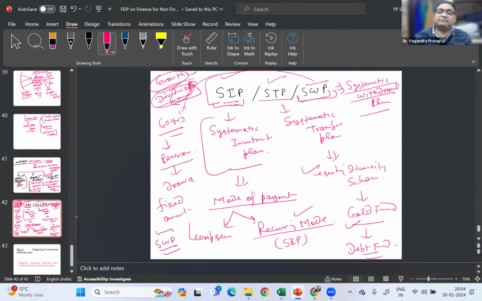Selling the unit means selling the financial asset, the units of the mutual fund scheme, and it will come under capital gain. First, be clear on that. If your holding period for that mutual fund scheme from where you are making the SWP is more than 12 months, it will come under long-term capital gain. If it is less than 12 months, it will come under short-term capital gain.